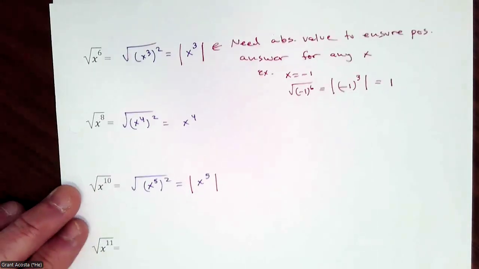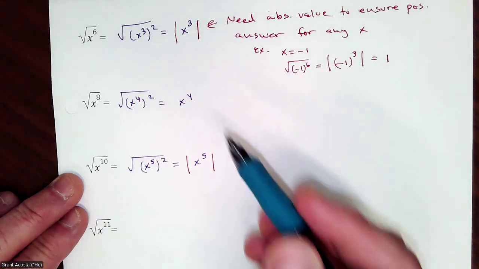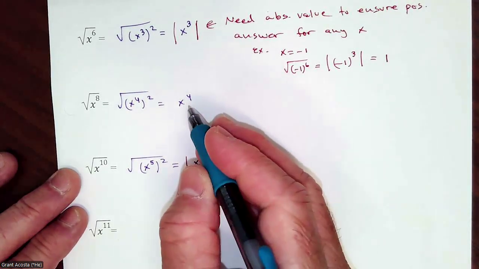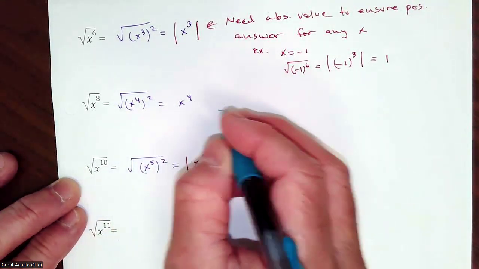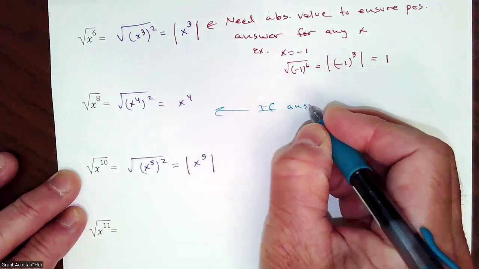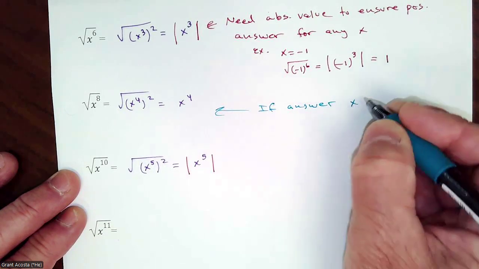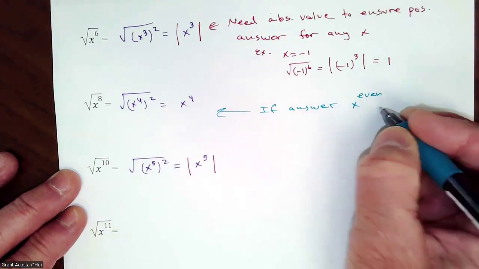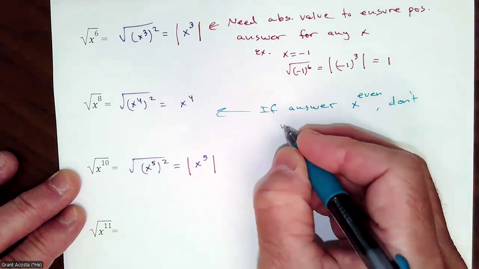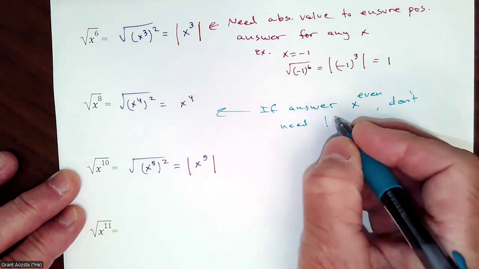Okay, so you're probably starting to pick up on this: if I have an answer that's x to an even power, I don't really need it. This is just for square roots, by the way. So if the answer is x to an even power, then we don't need absolute values.